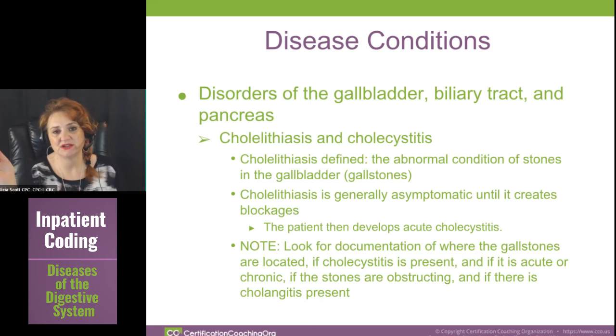So you don't even know you've got stones in your gallbladder until a blockage, and then that little old gallbladder gets inflamed and irritated. If you have an acute condition resulting from that blockage, it'll be cholecystitis. Okay, and then the result of that is a cholecystectomy. They'll go in and take out your gallbladder.